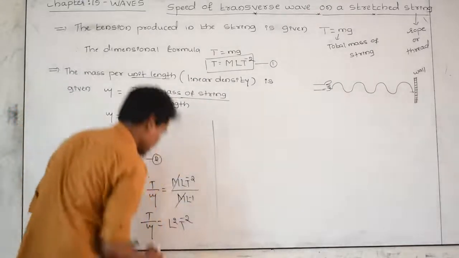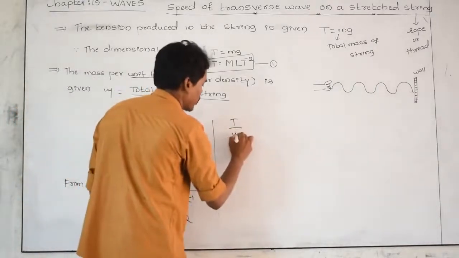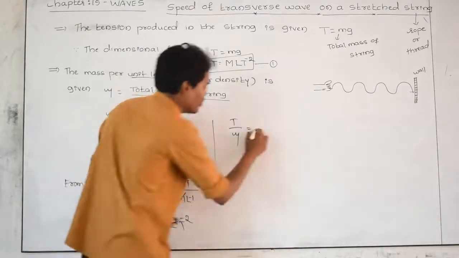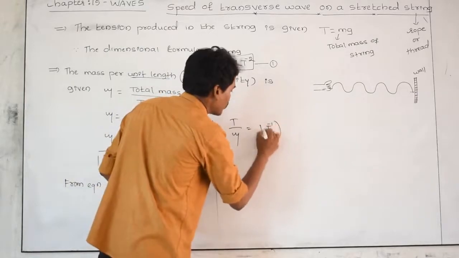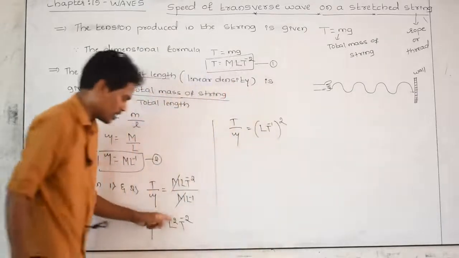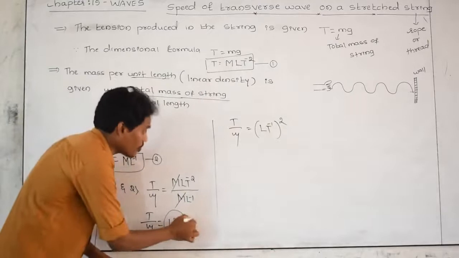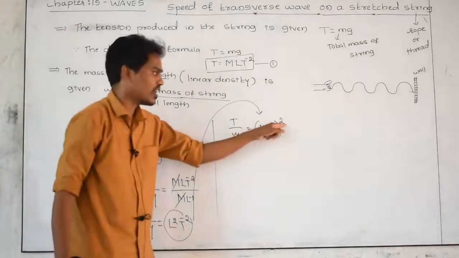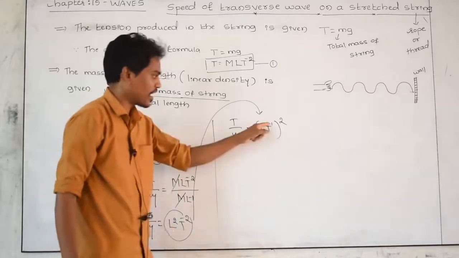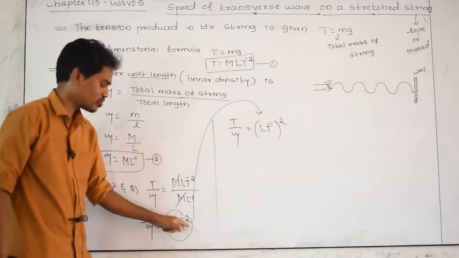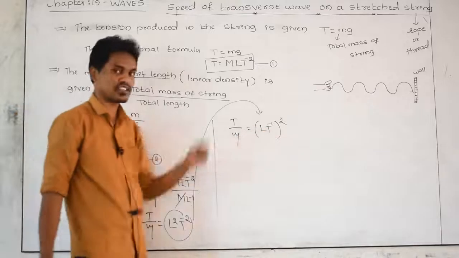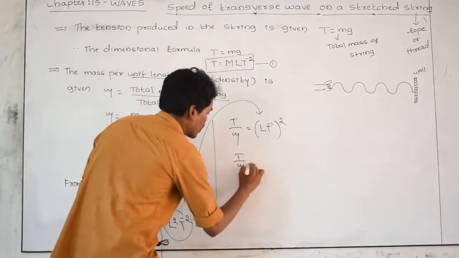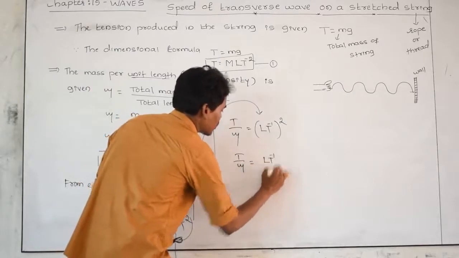And next part I am writing here. T by mu is equal to, I am writing this in another form, LT raised to minus 1 whole square. Yes, I have written it in this form. It is right: L into L, L square, minus 1 into 2, T raised to minus 2. Again T by mu is LT raised to minus 1 whole square.